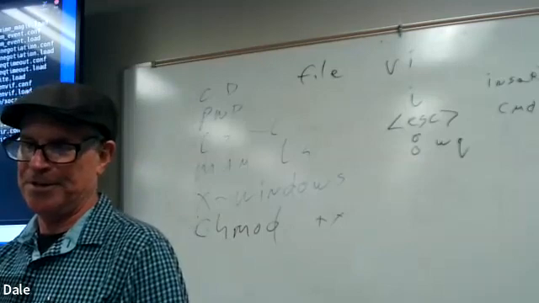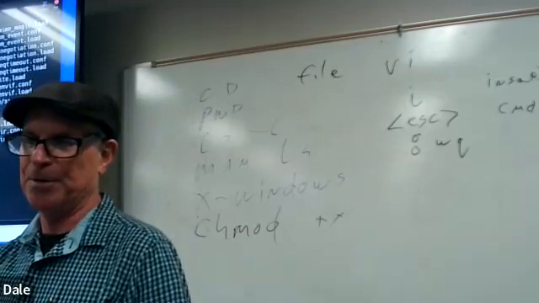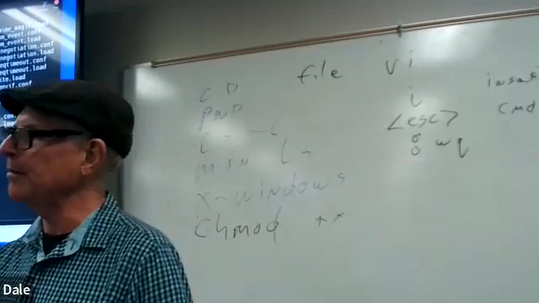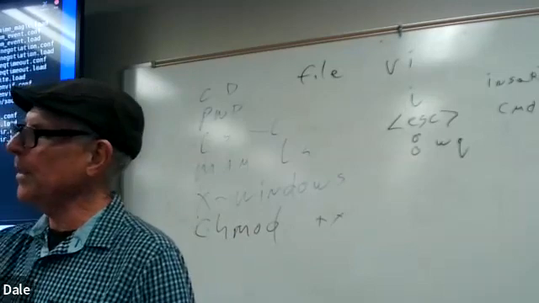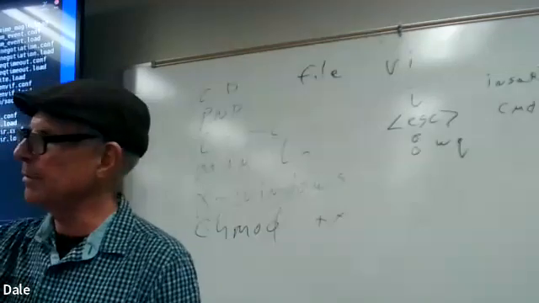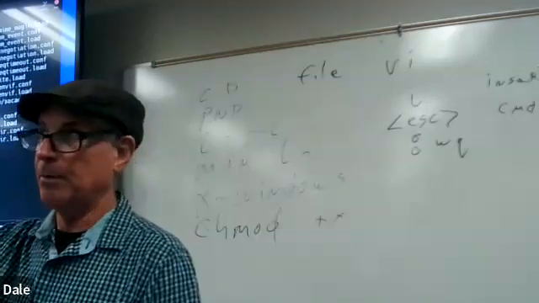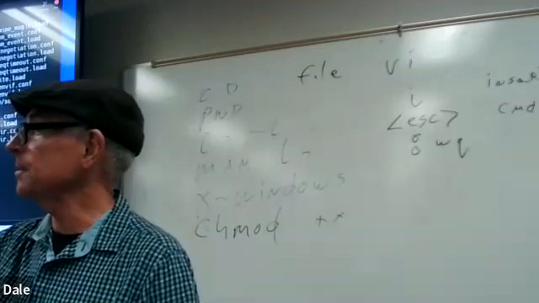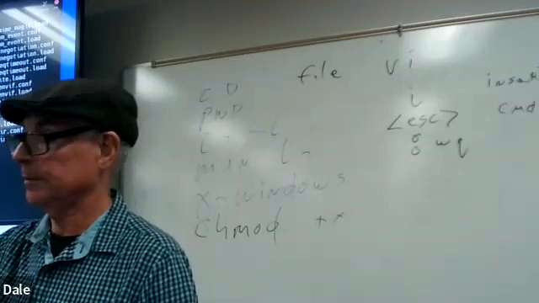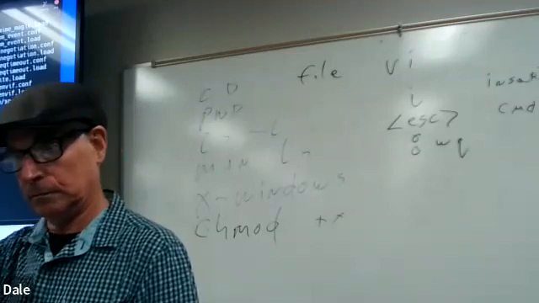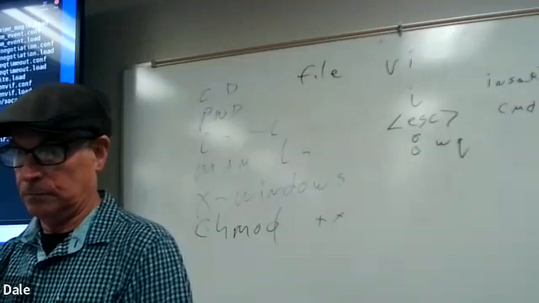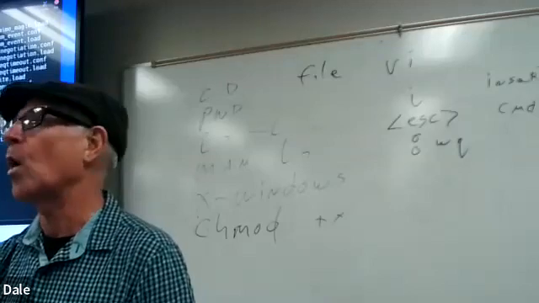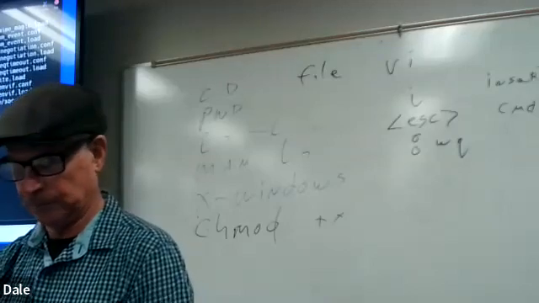Mine works. My UMask is 2, but you didn't change index. That was created by the ad user, and it was 644. And when we changed it to 666, it still didn't work.